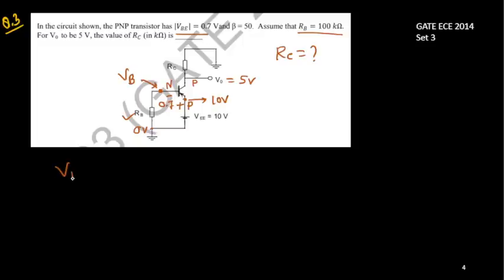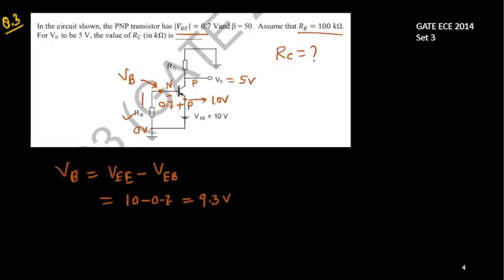Again, it's very similar logic. Base potential will be the VEE minus the base emitter voltage. So this will be your 10, this is your 0.7, so you will be getting 9.3 volt. So this potential is 9.3 volt.